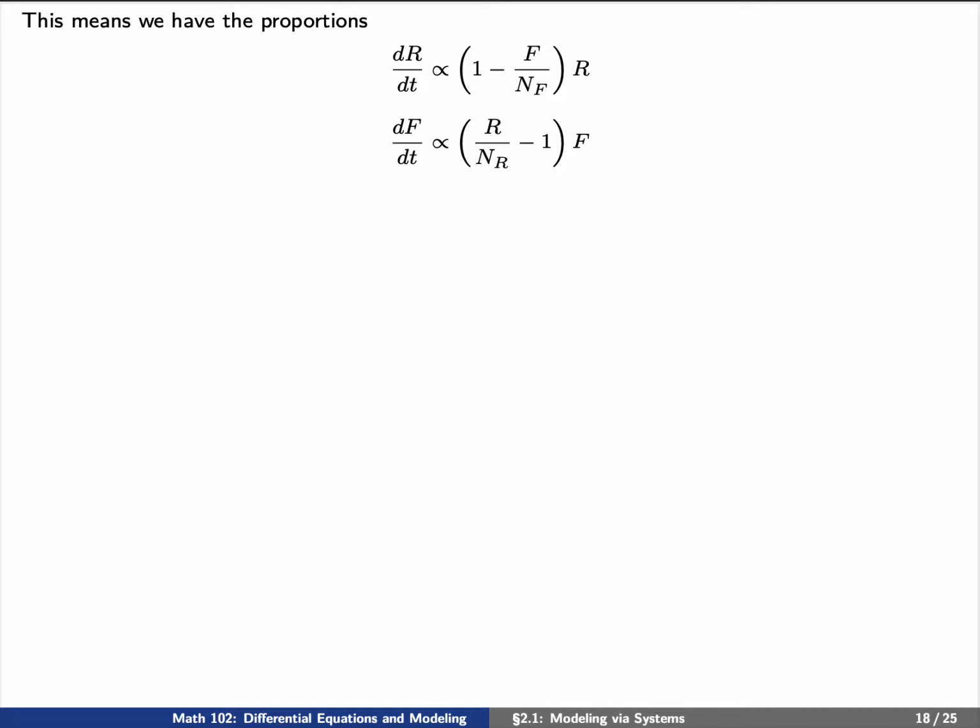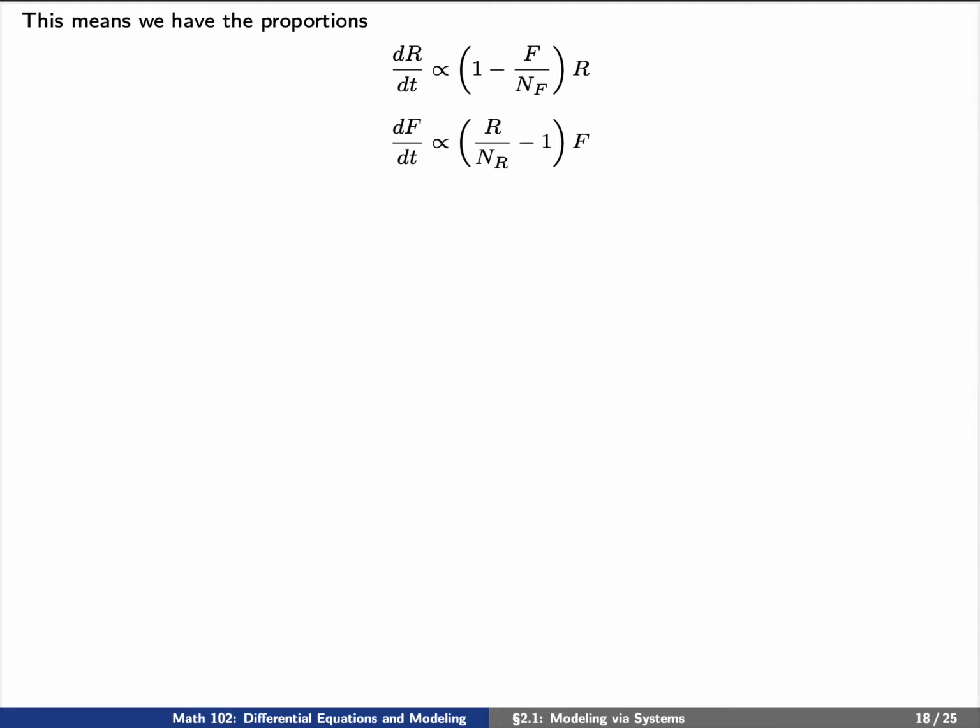What this means is that in order for us to have an increase in the population of rabbits, we must have some rabbits so that they can procreate. That is, dr/dt should be proportional to something times r. Similarly, in order for the size of the population of foxes to increase, that is for our predators, we must at least have some foxes there in order to procreate. So df/dt similarly should also be proportional to f.